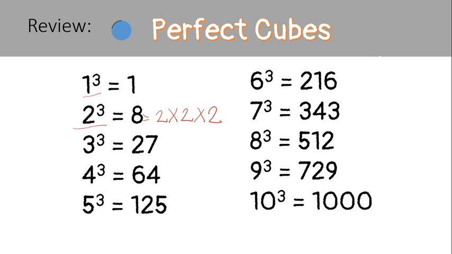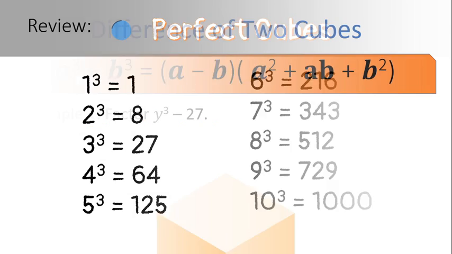And so on. So for 3 cube, we have 27, 4 cube, 64, 5 cube, 125, 6 cube, 216, 7 cube, 343, 8 cube, 512, 9 cube, 729, and for 10 cube, we have 1000.